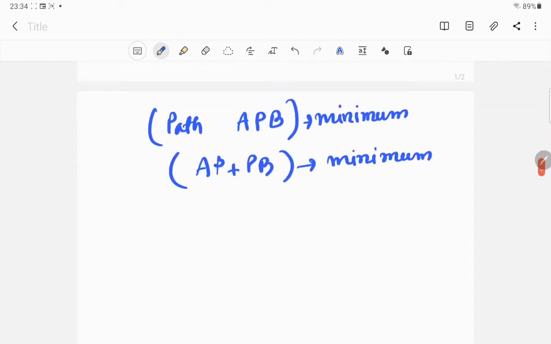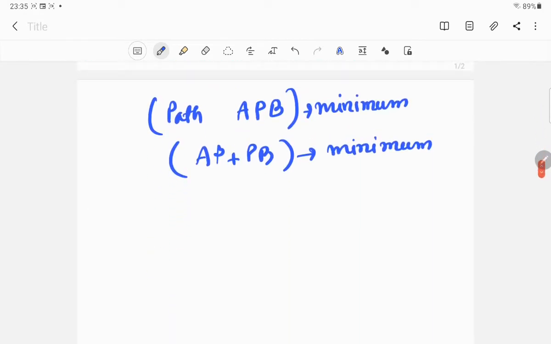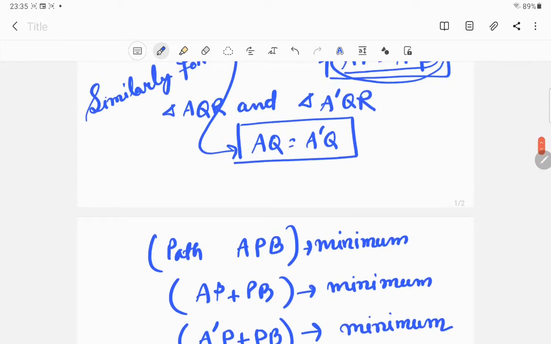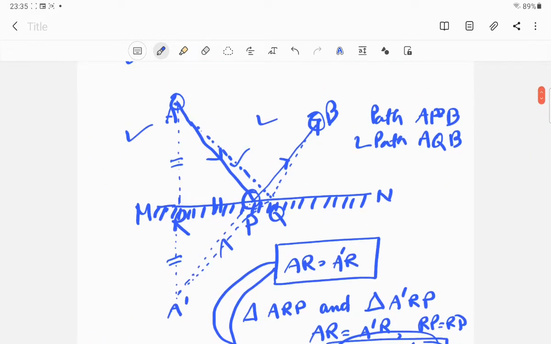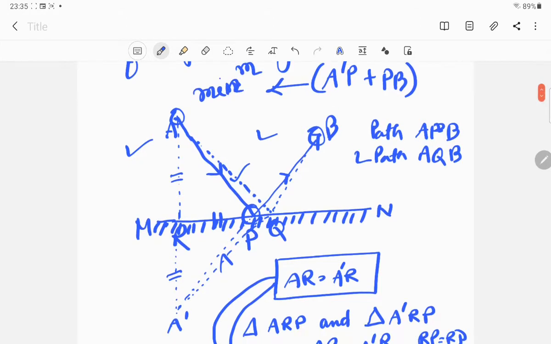But here we got AP equal to A dash P, so A dash P plus PB should be minimum. So this is nothing but the whole path.